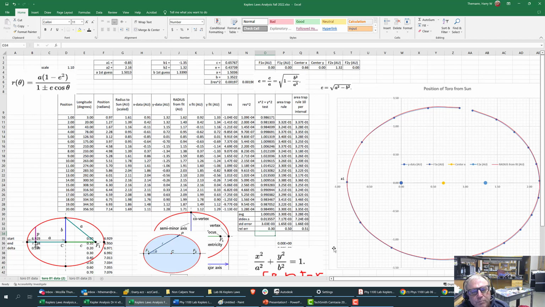And when I put that all into my equation, I got an x squared plus y squared that wasn't exactly 1 every time, because you see the fit wavers a little bit. And if you look at the blue line and the red line, sometimes they're on top of each other, sometimes the red line's inside, and here it's outside.